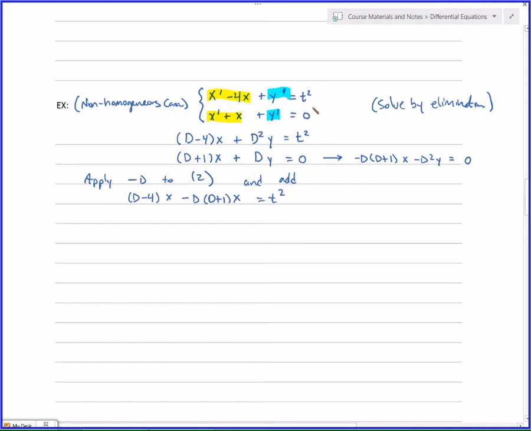The good news is the D's can be treated just like variables. You can think of this as keeping the x factored out. This becomes D minus 4 minus D squared minus D applied to x equals t squared. Just factor out the x, and distribute the D.